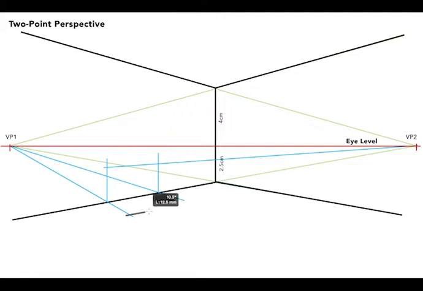Let's say you like it here. Draw a line that goes back to VP2. Can you see this shape is the back of the cabinet on the wall, and this shape is the cabinet's base on the floor.